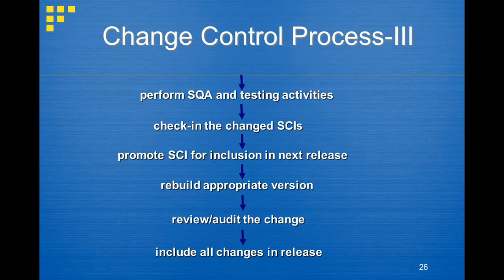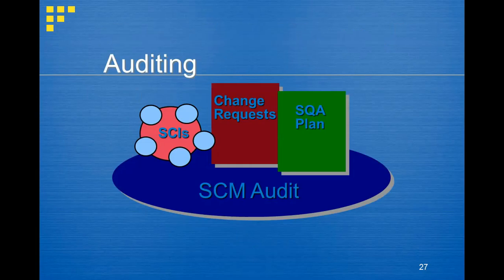So here the testing continues with the check-in, then it can be given for the next release, then rebuild the appropriate version, or you can increment the version, then audit the change, and include all the changes in the release. So the last one is auditing.